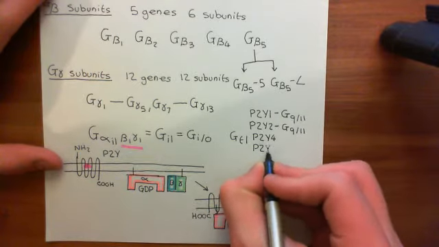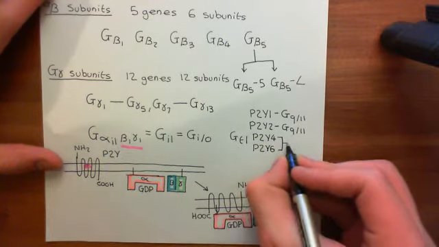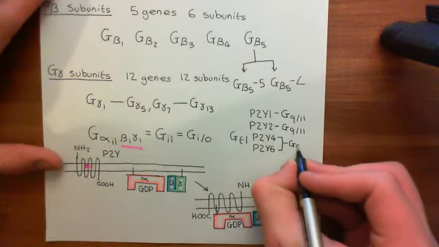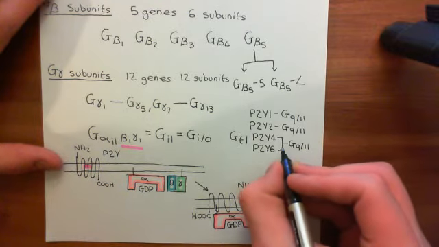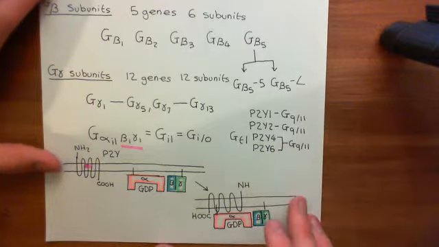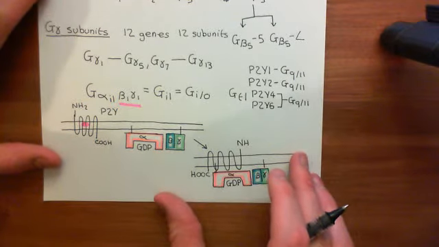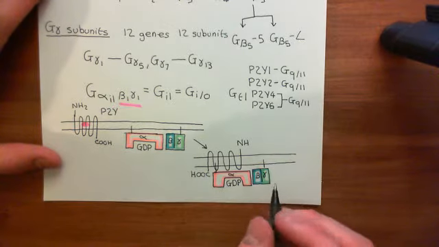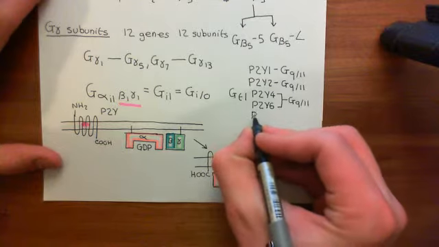These two are also coupled to GQ/11 heterotrimeric G proteins, meaning that when they are activated by their respective ligands, they will bind to heterotrimeric G proteins which have an alpha subunit within the G alpha Q/11 family of alpha subunits.